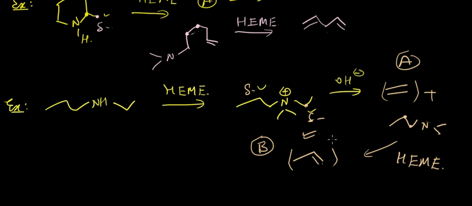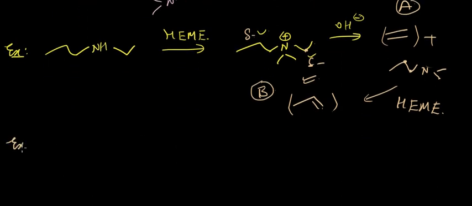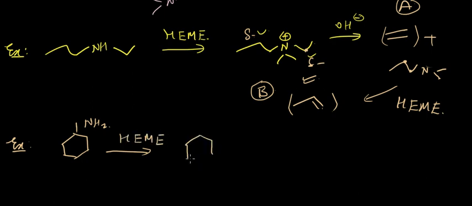Okay, now let us see another example wherein we have something like this. Pass it with HEME, what will we be getting? Before the OH minus attacks on it, we will be getting something like N plus and 2Me.